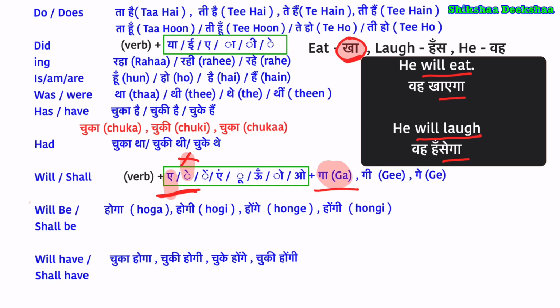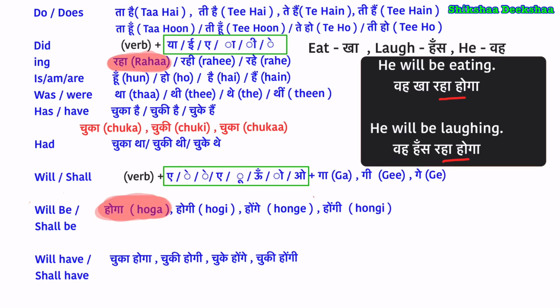So, you cannot write an e matra, so you need to choose a, and your word will be kha, e, ga, khaega. And for has, we do not have any matra on the last word, so we will write an e matra on it, and our word will be hasega. Vah khaega, vah hasega.